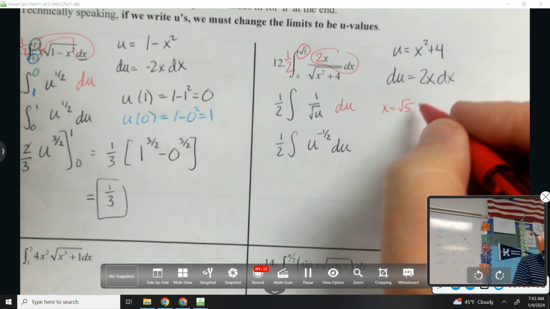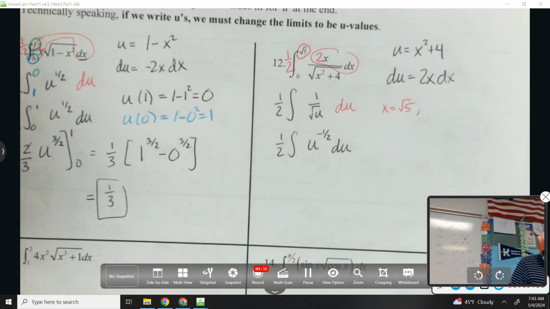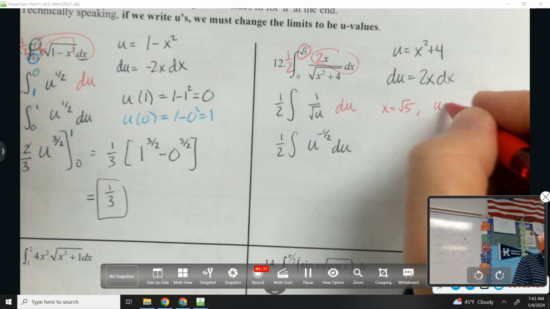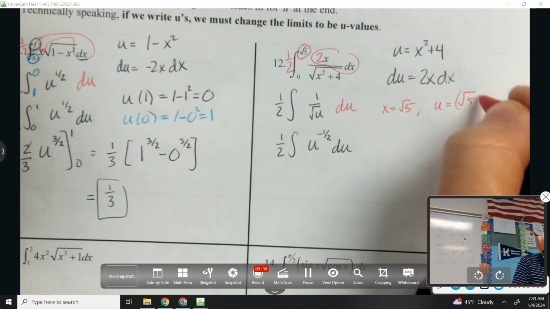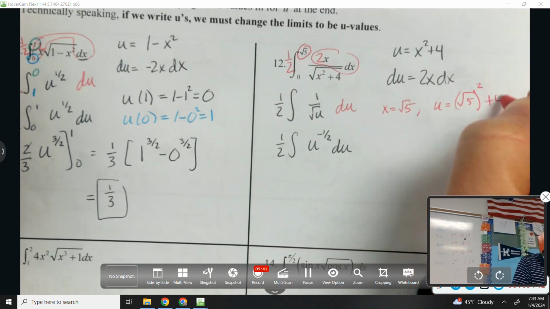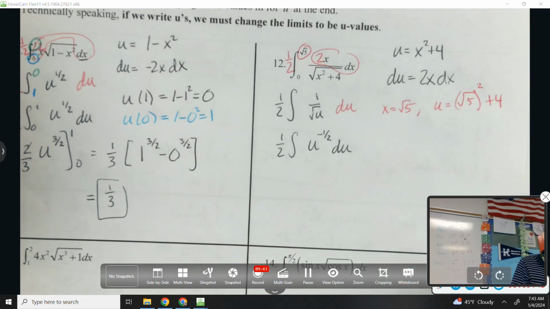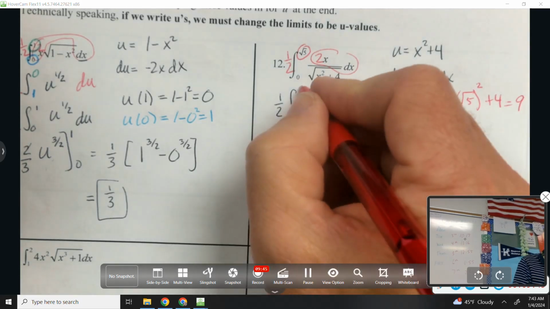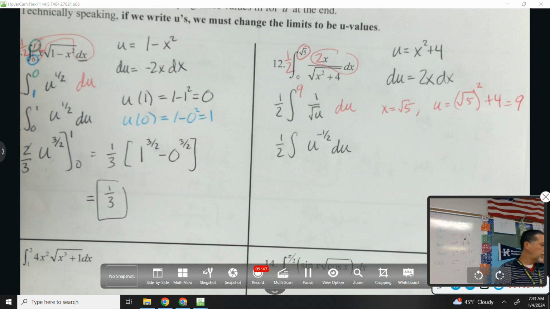If x equals square root of 5, then u equals square root of 5 squared plus 4. So that would be 9. So my upper limit is 9 now.